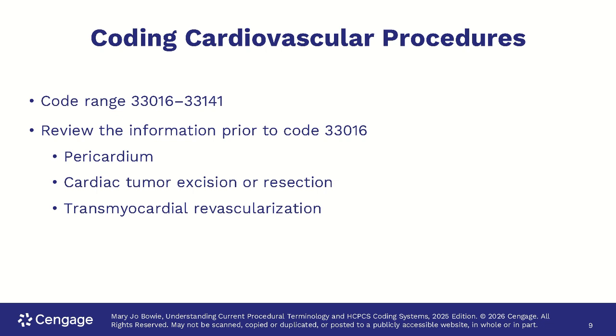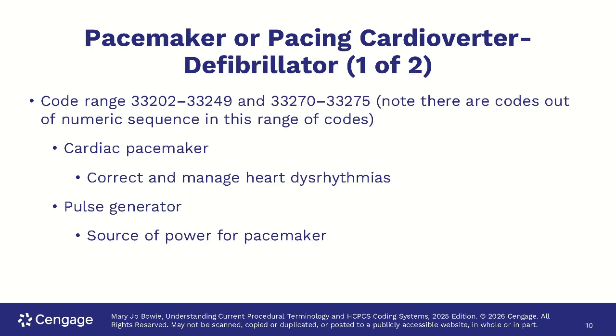Just like the other areas, you saw that synthesis procedure. There is a pericardiocentesis in this particular area as well. Next up, you have procedures for pacemaker or pacing cardioverter defibrillator, and these codes do have some out of sequence situations.